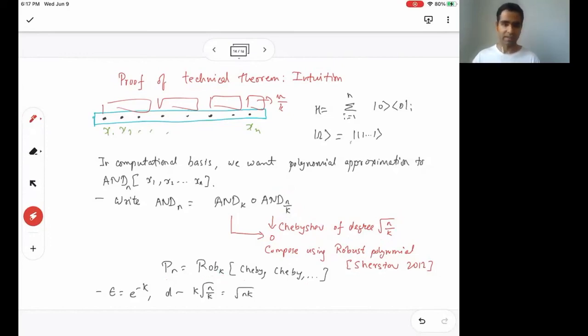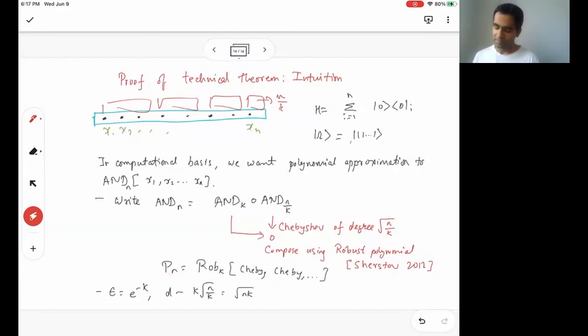And if you'd like, I can talk more about this after this talk, where we discuss more how this construction really works. But for now, please take for granted that there is this way to take these approximations of these individual smaller ANDs and compose them in a rather clever way, which was first observed by Sherstov, to get this nice polynomial.